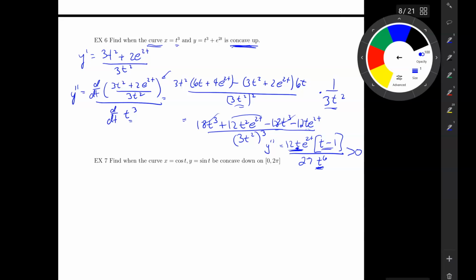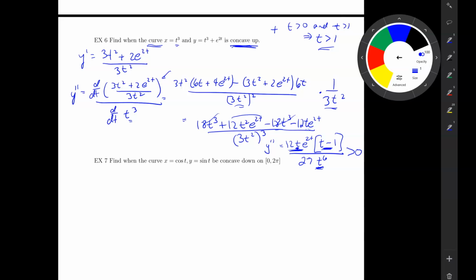And I've got this t minus 1. So in order for this quantity to be positive, that means it'll be concave up, t has to be bigger than 0, and t has to be bigger than 1. So that means t's bigger than 1. That's when the curve is concave up.